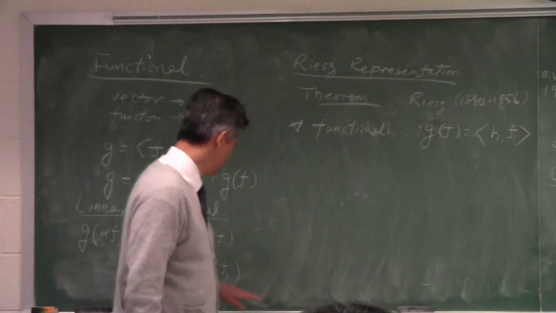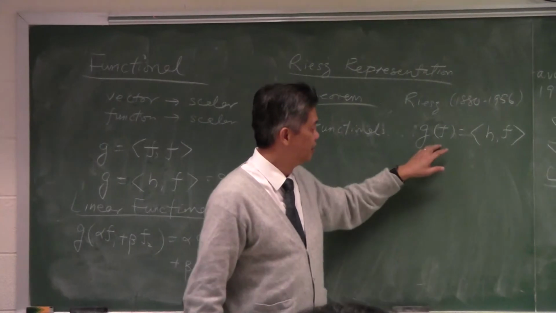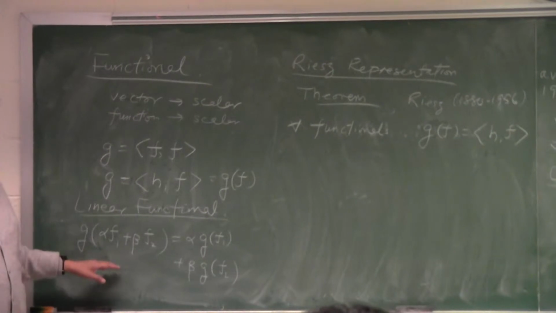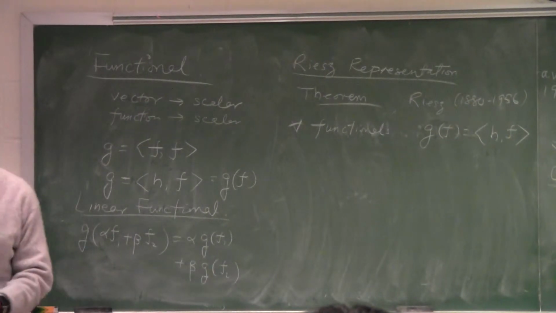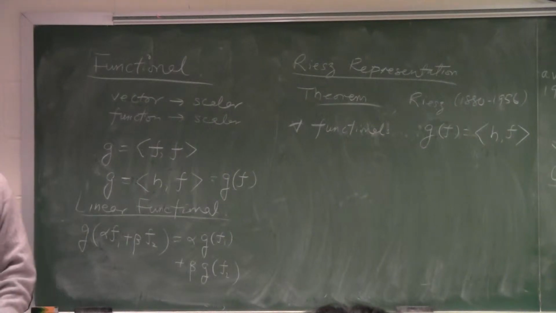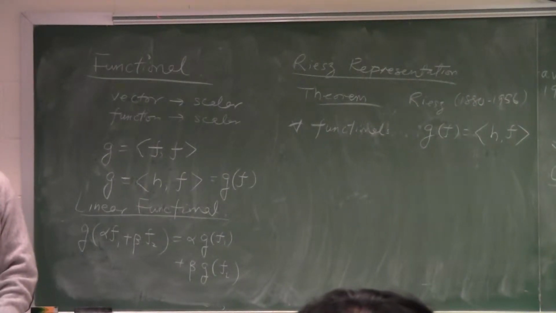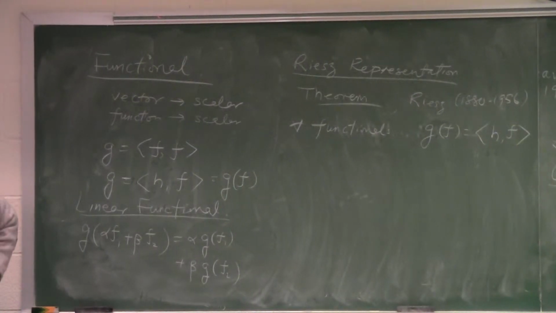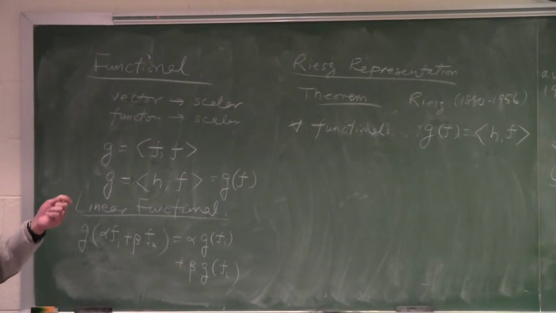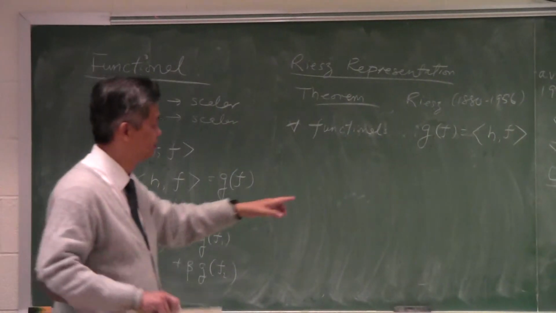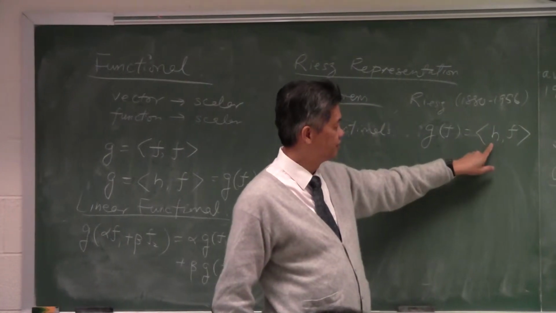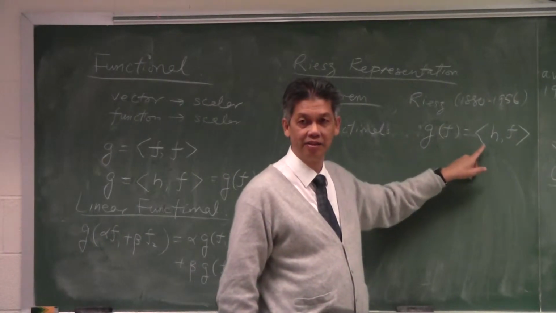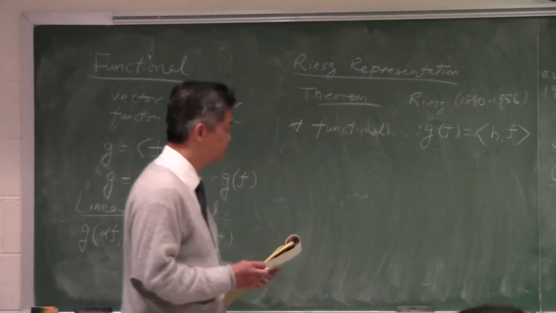And Riesz says that all linear functionals can be written as such. So there's always a vector associated with the linear functional. If this is a linear functional, the associated vector is H.